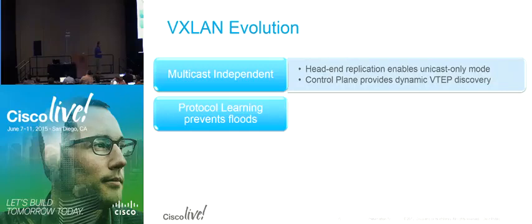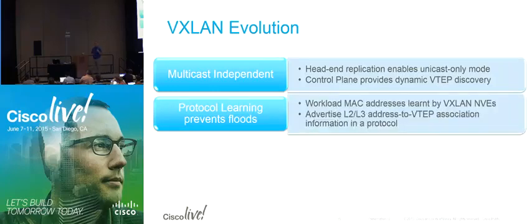Other revolutionary pieces are protocol learning to prevent flooding. If I have to go all the time over that flood and learn semantics, I obviously load something in my network. If I can proactively learn and populate the information without sending the flood across the network, across the VXLAN, that's another way of doing it. That's where we bring the protocol piece in there.